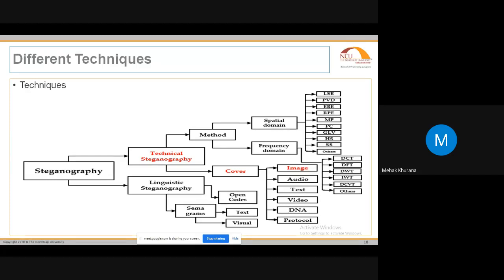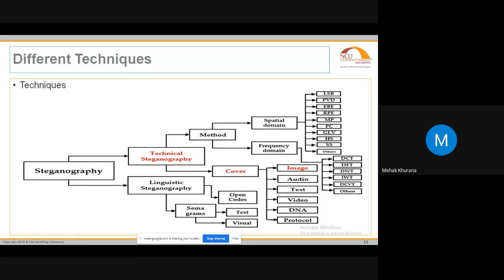Similarly, there are different covers, like video, where we send some message and we can hide some message so that nobody is able to recognize. Similarly, we have the image, which we are going to focus on in this session: image steganography. The image is the cover in which we are going to hide the data.